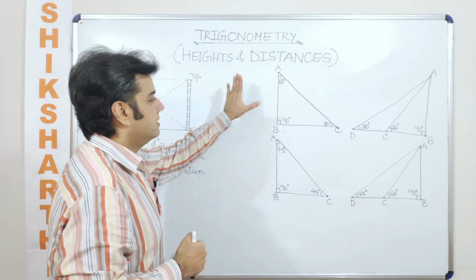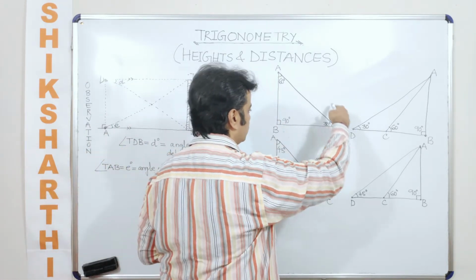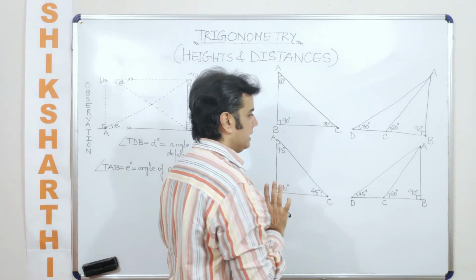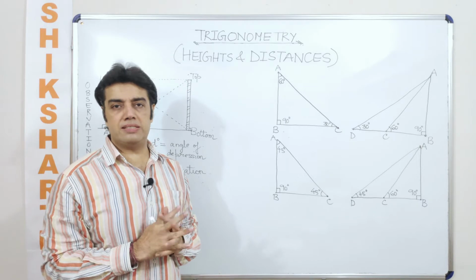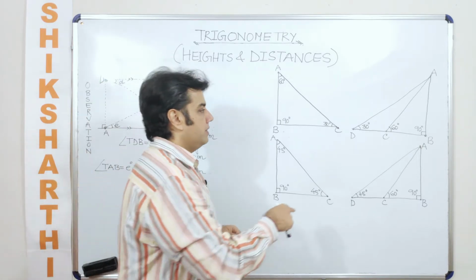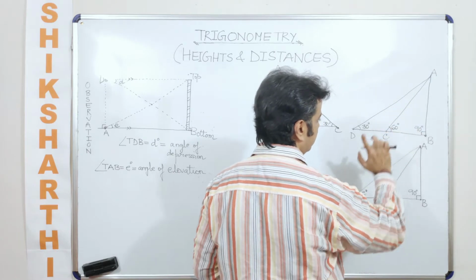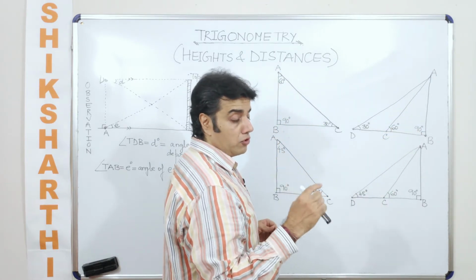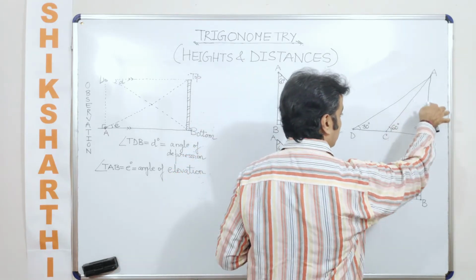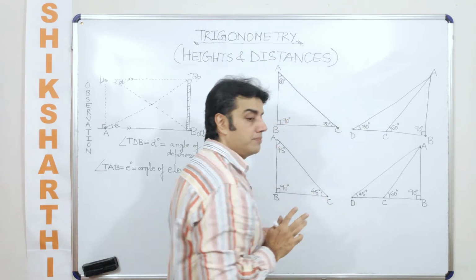So in heights and distances, if they simply take a triangle of this sort, you will have three different distances. Among them, two would be considered as heights. And if we take this type of a triangle, in that case, we will be having five different distances. Let's see whether we have five or more than five. So let's say 1, 2, 3, 4 and 5.